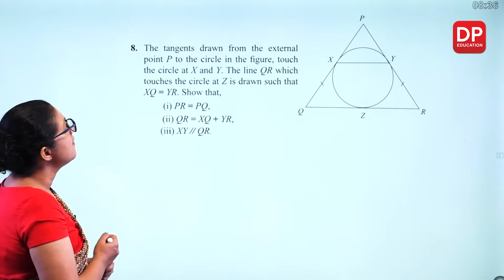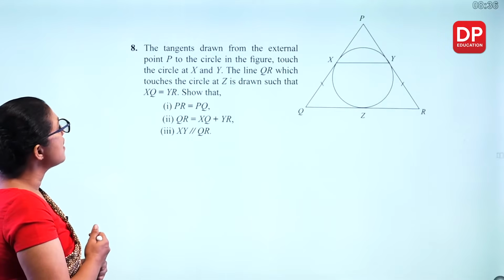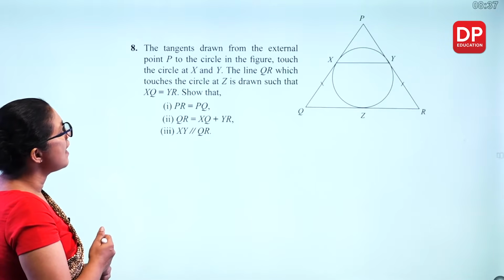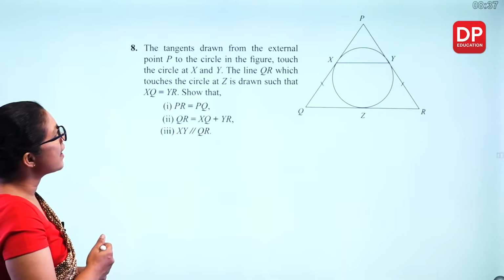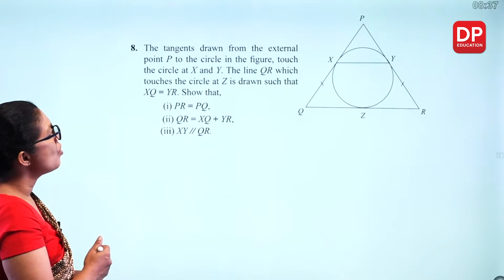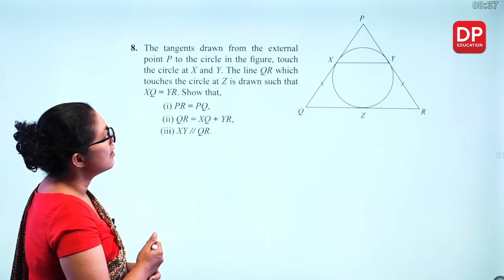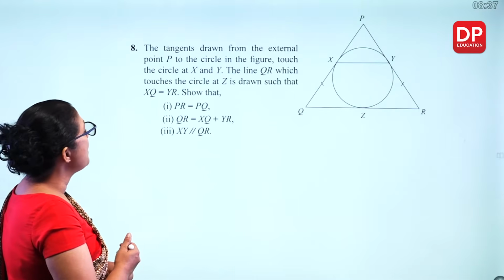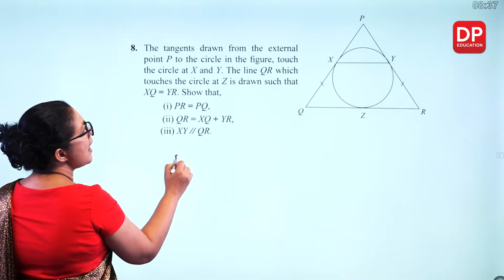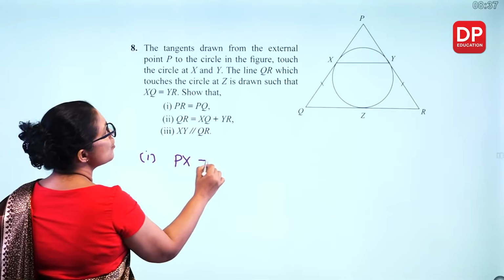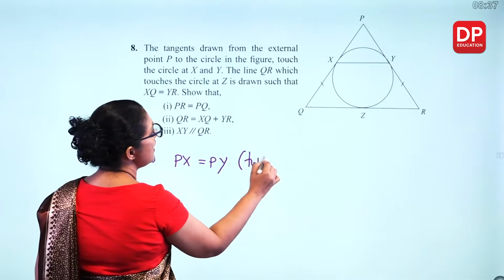Question number 8. The tangents drawn from the external point P to the circle in the figure touch the circle at X and Y. The line QR which touches the circle at Z is drawn such that XQ is equal to YR. Show that PR is equal to PQ. We know that PX is equal to PY, two tangents are equal.